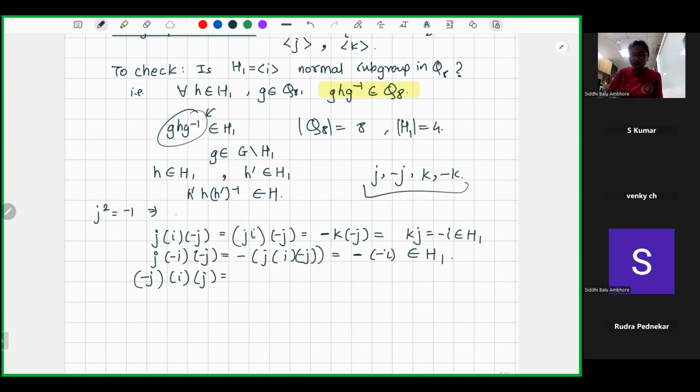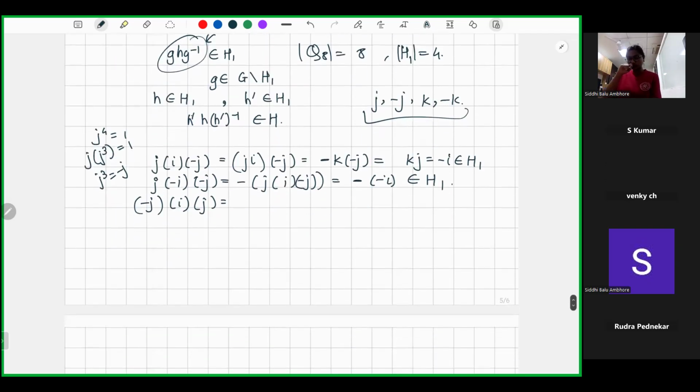Simply J power 4 is 1, so J inverse is J cube and J cube is minus J. Okay, so minus J is the inverse of this element. Now I have minus J, IJ is K. So minus JK is I, which belongs to H1.